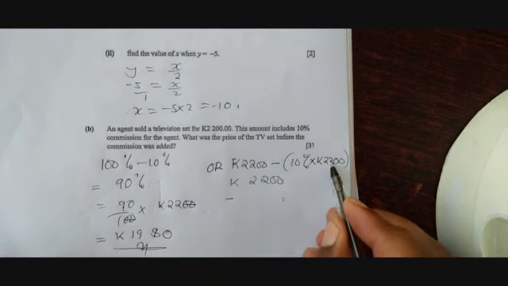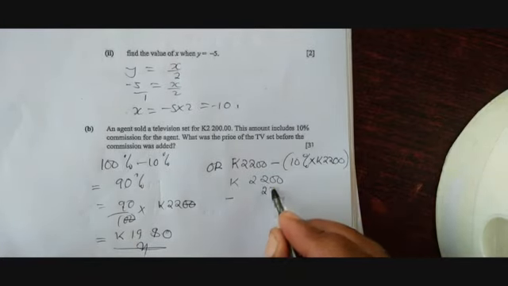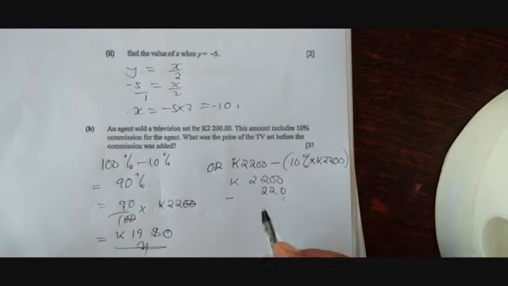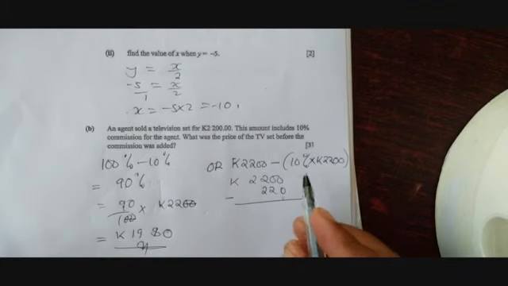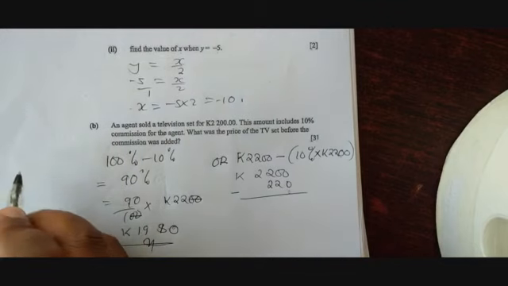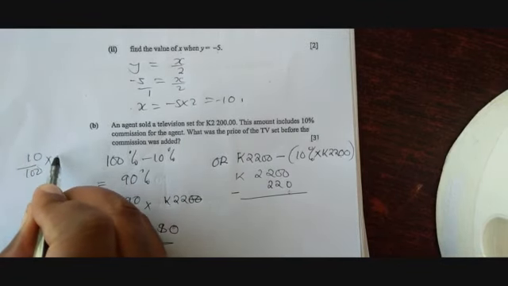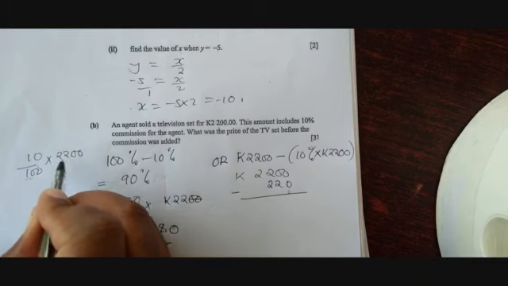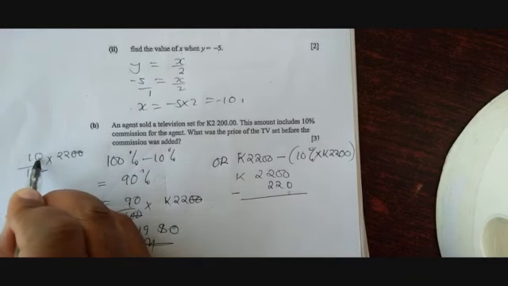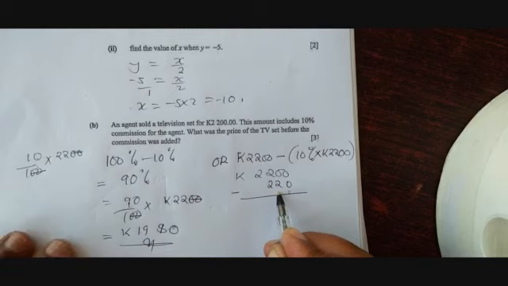Okay? 10% of 2,200 is 220. So if you have a problem here, see how you get the 10%. So you have 10 over 100 times 2,200. So these two zeros will cancel. 10 by 22, it is the 220. This is what we are talking about.